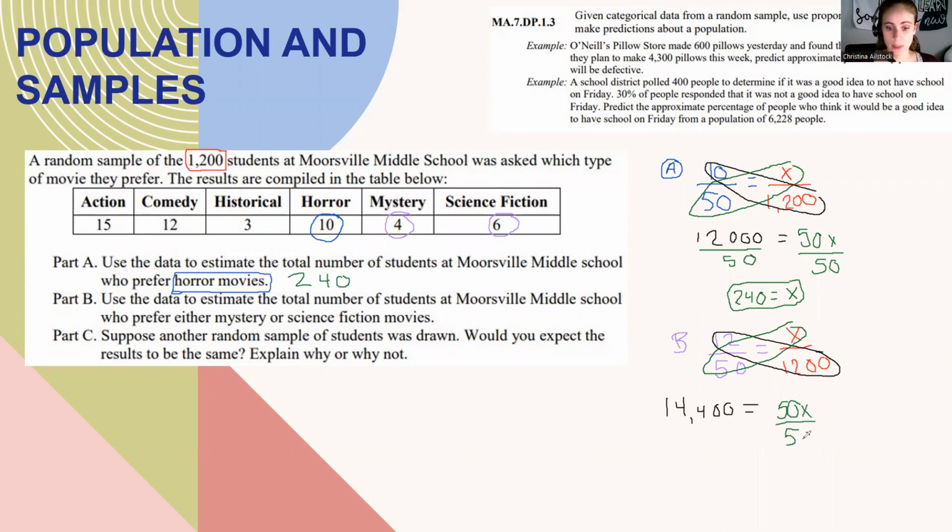Divide both sides by 50. And remember, you are allowed to use a calculator on this, which is helpful when the numbers are this large. So we are estimating that 288 students like either mystery or science fiction movies.